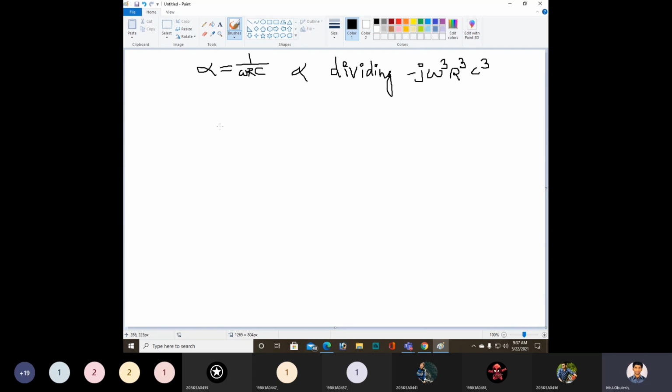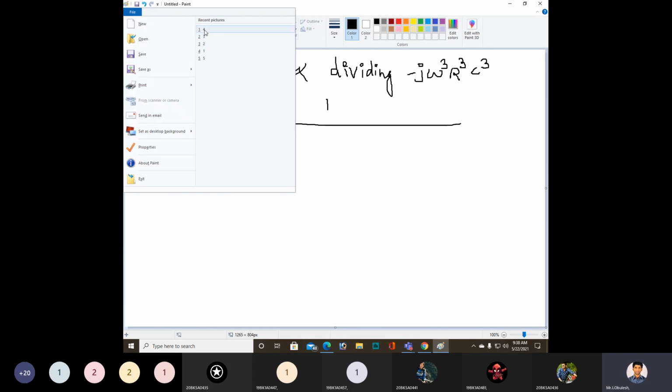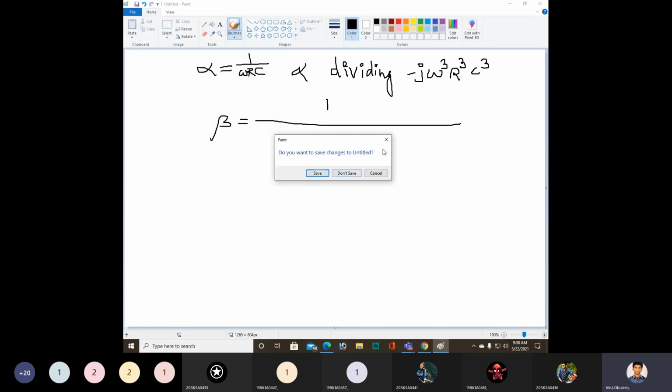Then what will we get? Simplify the beta equation. Beta is equal to, then you need to simplify that. Minus j omega cube r cube c cube, you need to divide, so here we are getting 1.